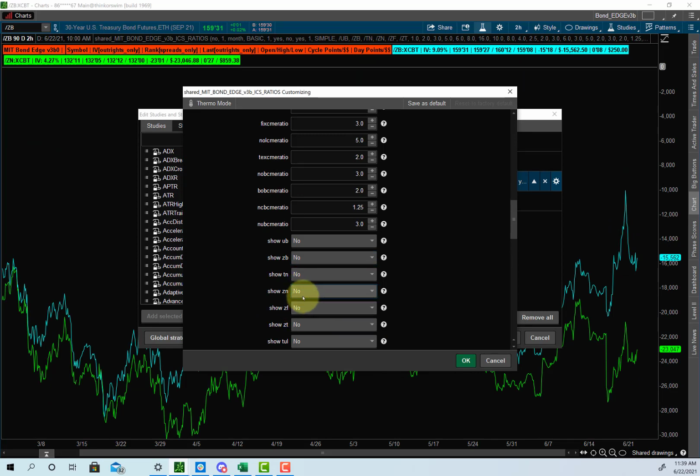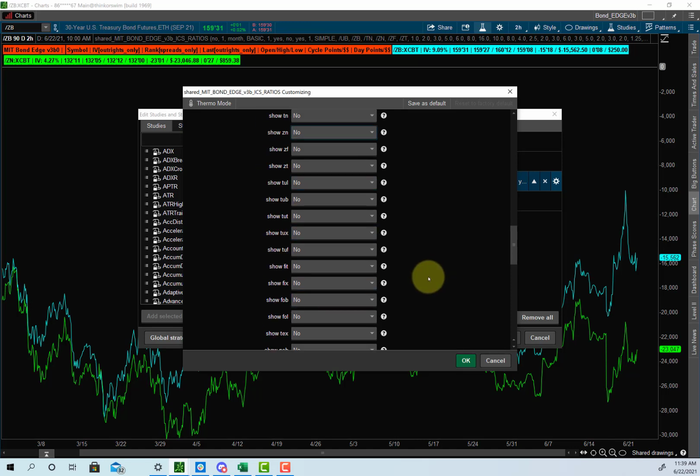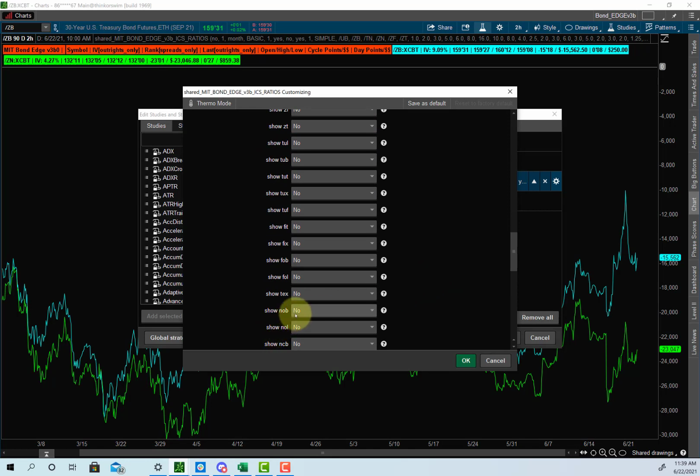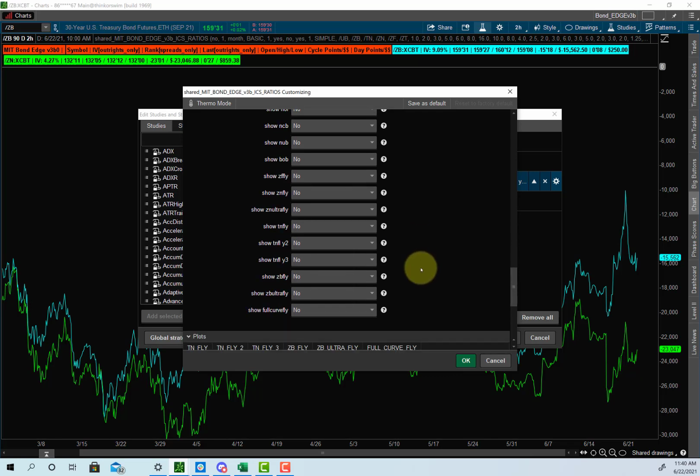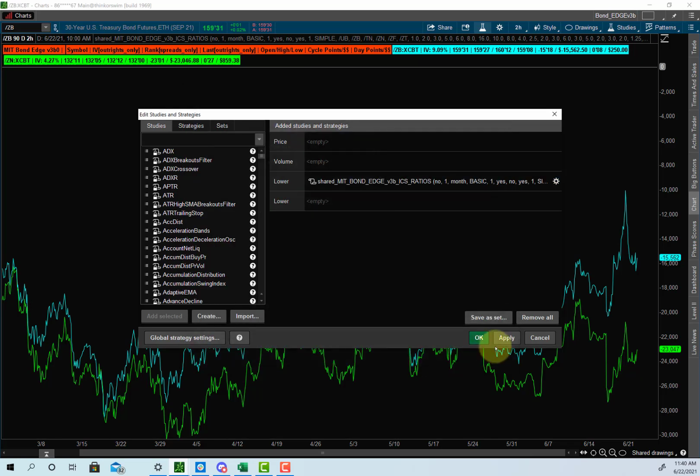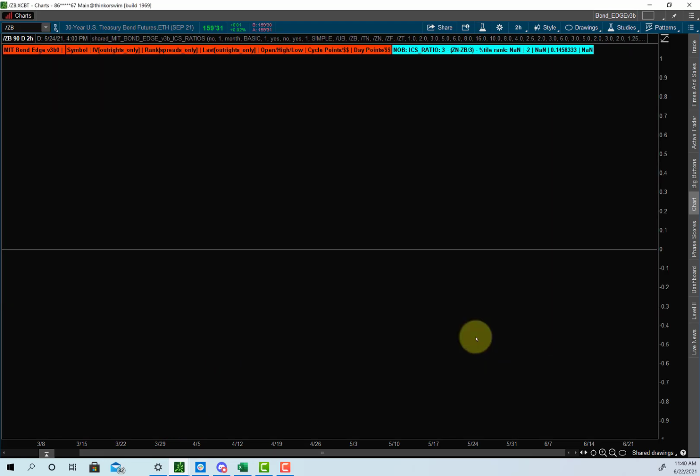I'm going to remove the ZN because I don't want to look at the outright contracts. Now I want to look at the entire spread. You can see here the knob is just ZN versus ZB. Okay, apply.